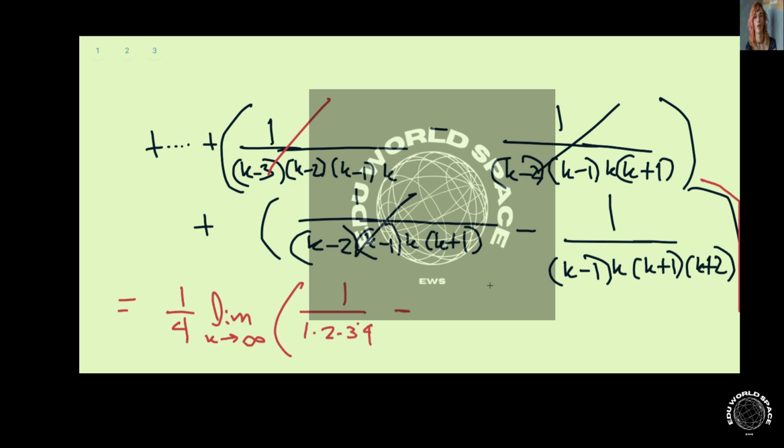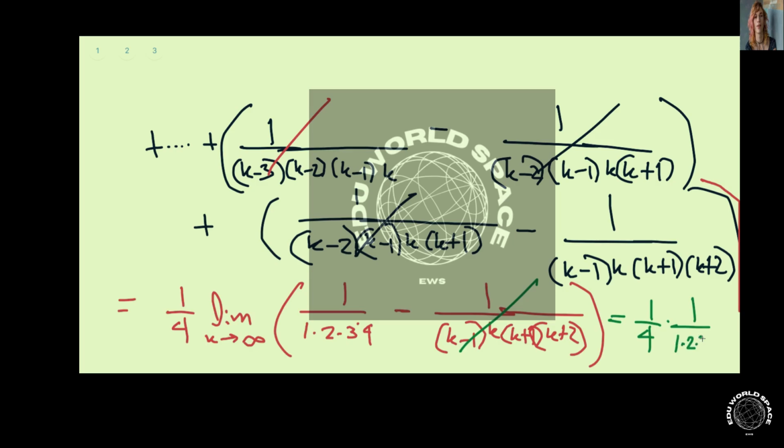And then we subtract k minus 1, k plus 1, k plus 2. Take that limit as k goes to infinity. The second fraction will go to 0 because the denominator goes to infinity, but the numerator is fixed at 1. And then you just have 1 over 4 times 1 over 1 times 2 times 3 times 4.